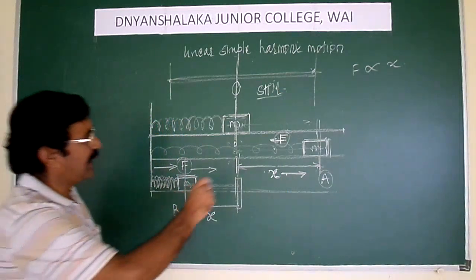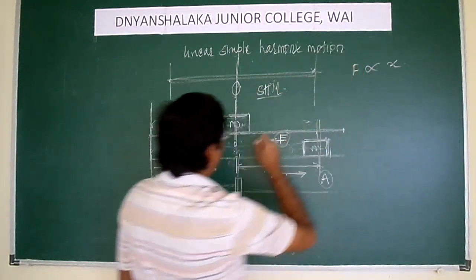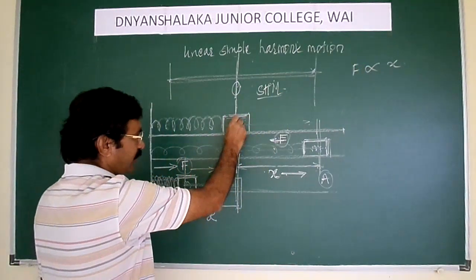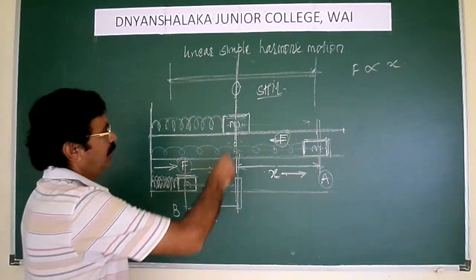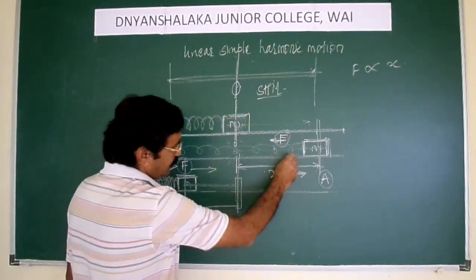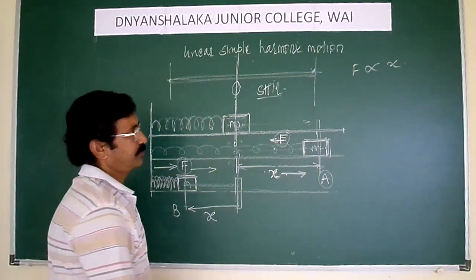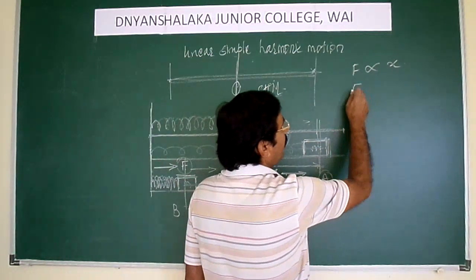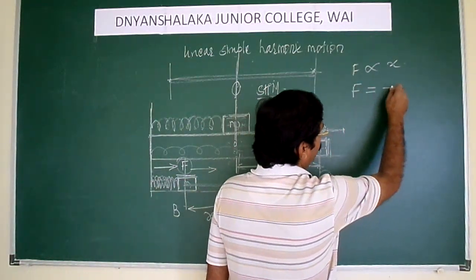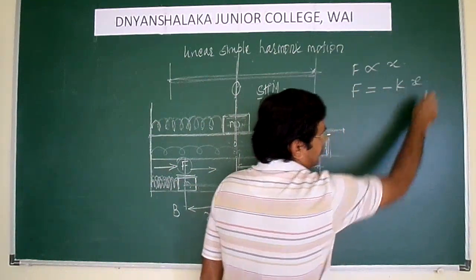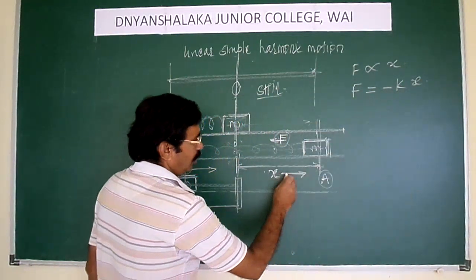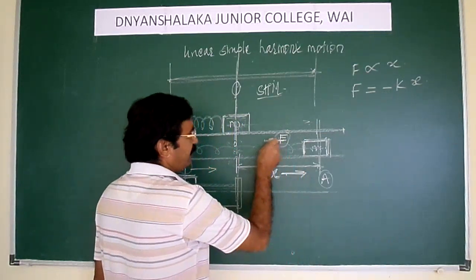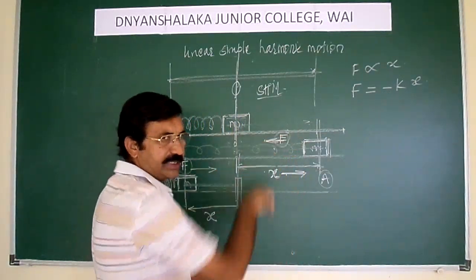Here in this case, as we know, the restoring force acting on the body is in opposite direction to that of the displacement. Restoring force F is equal to minus kx. The minus sign indicates that the displacement and force are always in opposite direction.